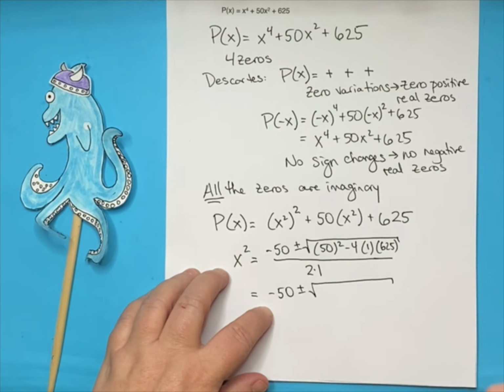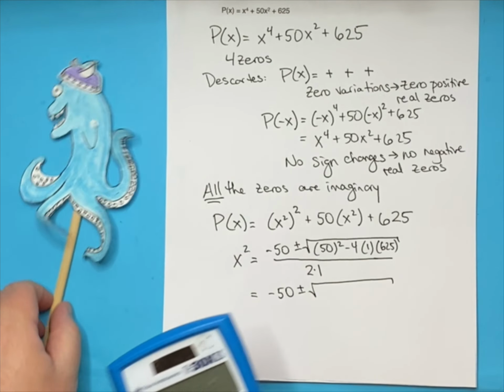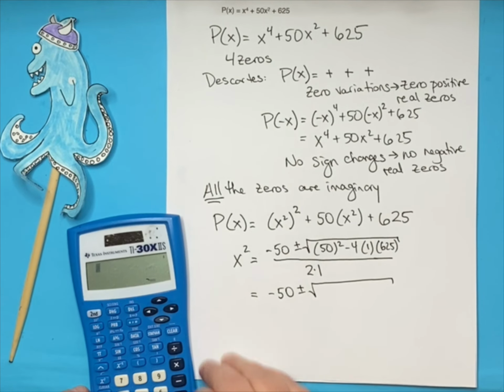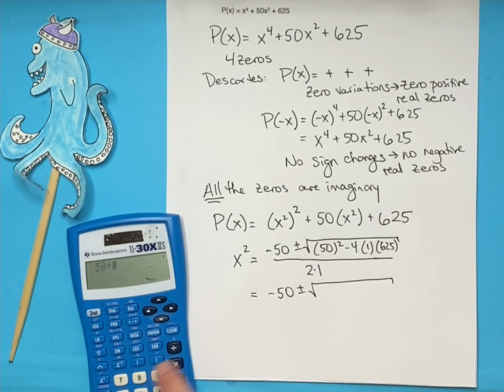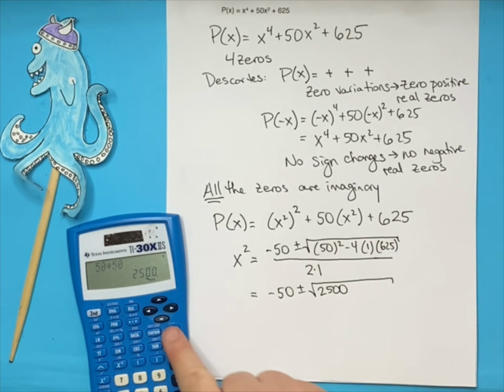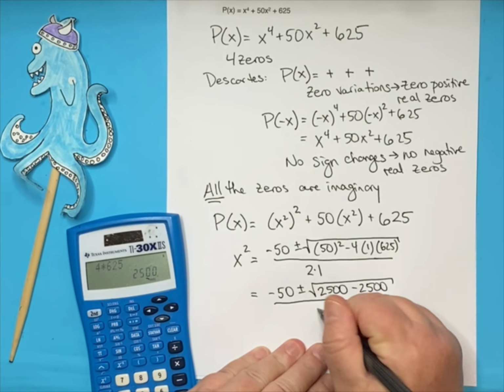Now this, I'm going to need a calculator. So let's bring in my calculator. Thank you, Sharktopus. And let's see, I've got 50 times 50. That's 2,500 minus 4 times 625 times 1, which is 2,500 all over 2.